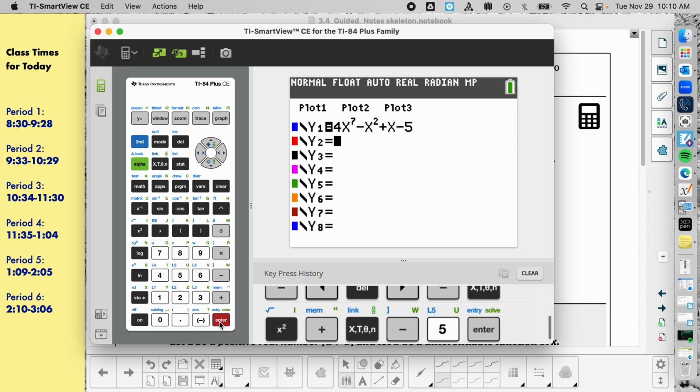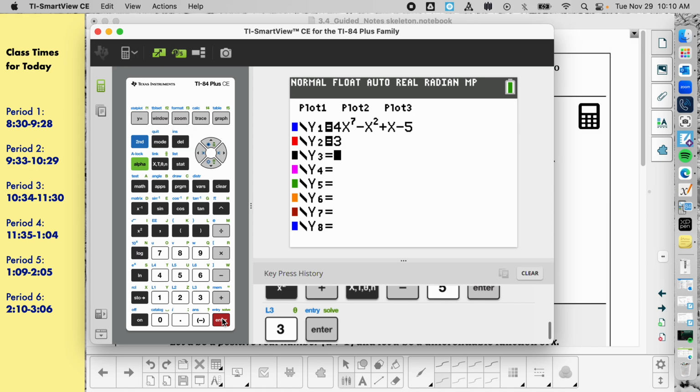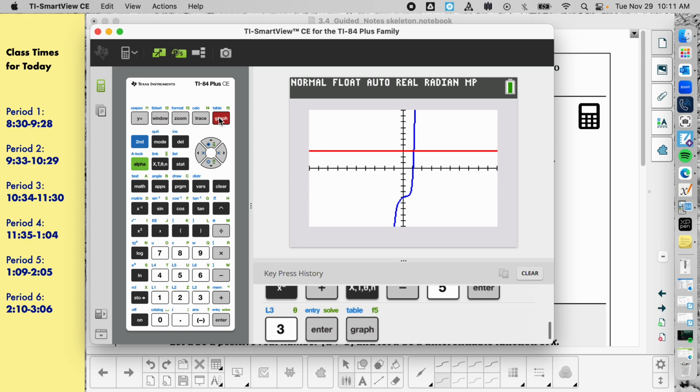So I want to know when this equation is equal to 3. And there's different ways to set this up and to solve it. So if you know your own method, go for it. That's going to be the same. I want to graph both, and I want to figure out where they cross. That's how we know where they're equal.